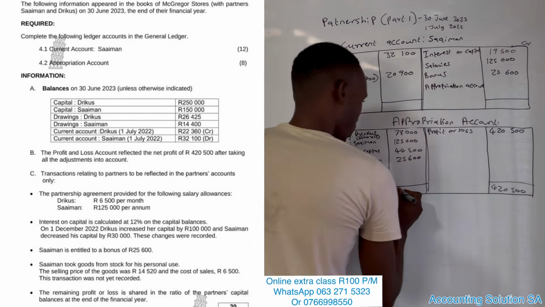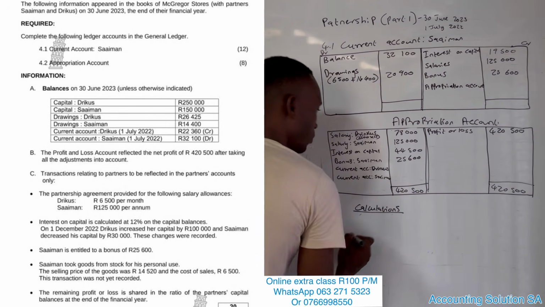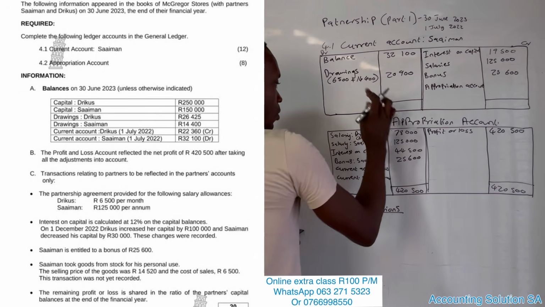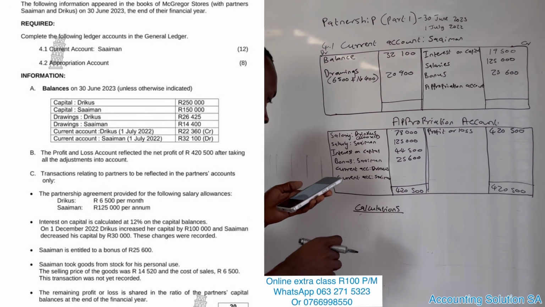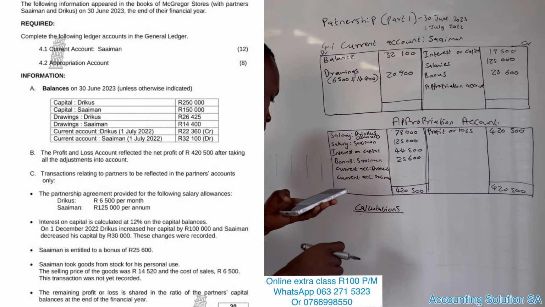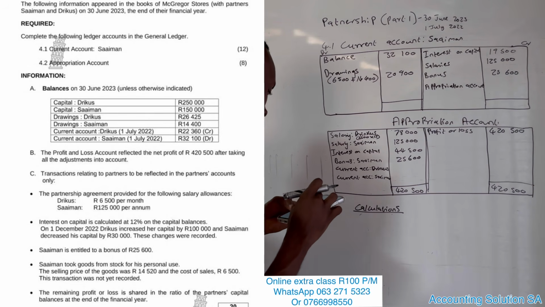420,500. Okay, we have to calculate this one minus all this so that we can see how much they are going to allocate to each other. Let me quickly calculate. 420,500 minus 25,600 minus 44,500 minus 125,000 minus 78,000.